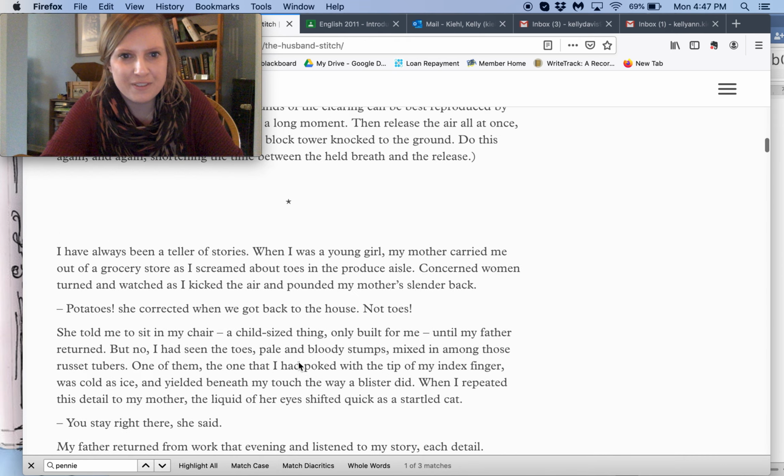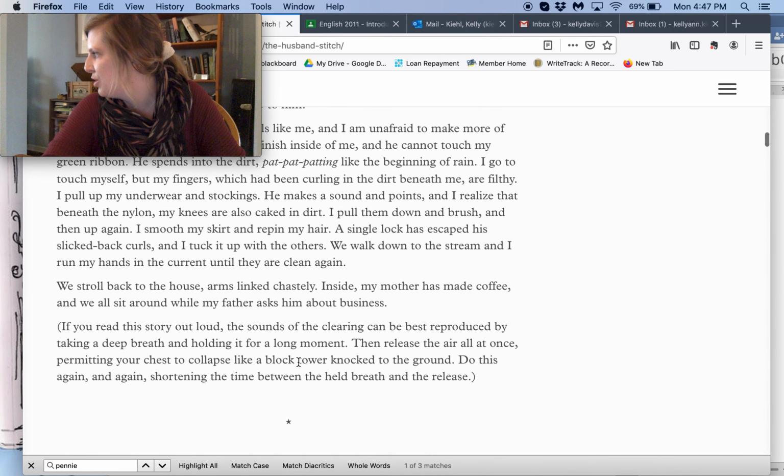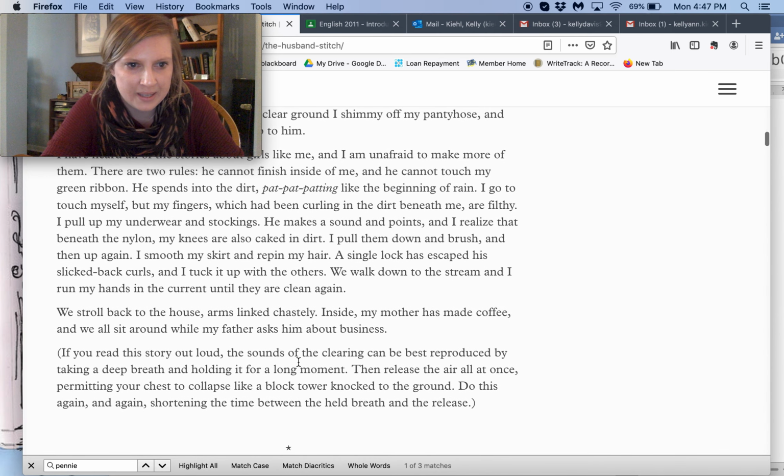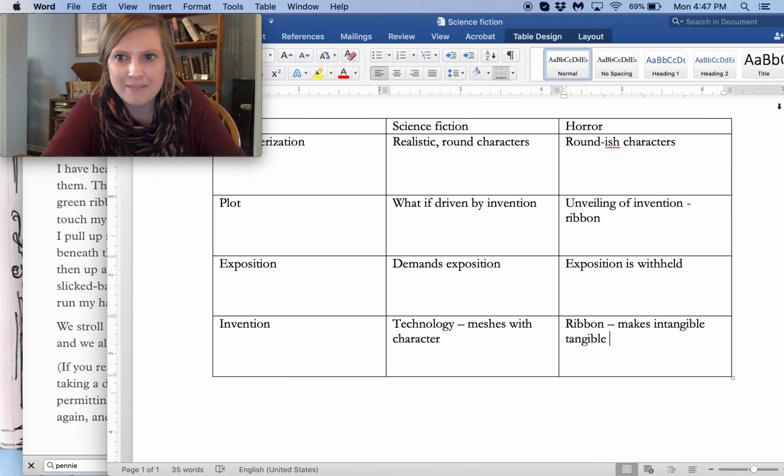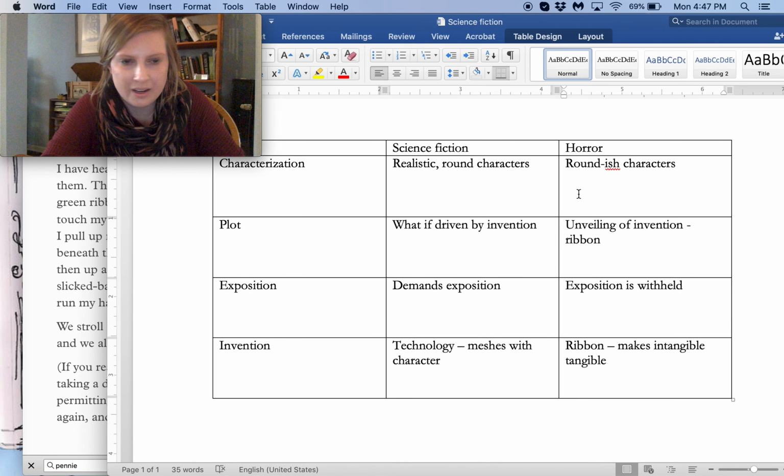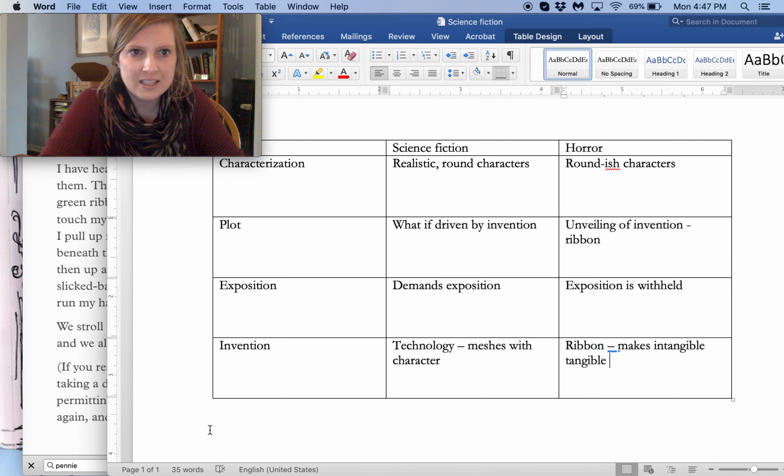So we've got these two really non-traditional elements going on in this story, and yet we have all these really traditional uses of exposition and characterization and plot and invention. So in your responses, I'm going to ask you to engage with some of these newer elements and think about how they're working in this story.